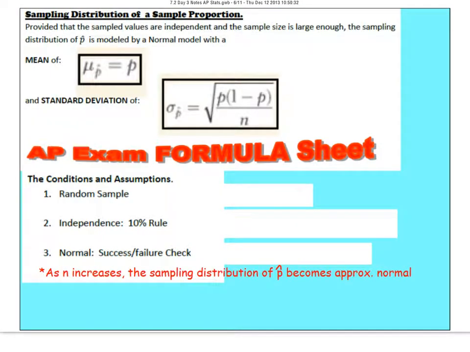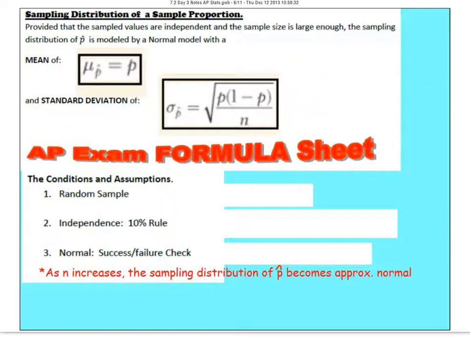So when we're taking a sampling distribution of a sample proportion, you're going to be asked to find the mean and standard deviation, because ultimately we want to do a normal CDF probability, and remember we need a mean and standard deviation. What they refer to it now in a sampling distribution is the mu of p-hat. This is the mean of all of the p-hats. Remember the distribution or the dot plot of all of those proportions?